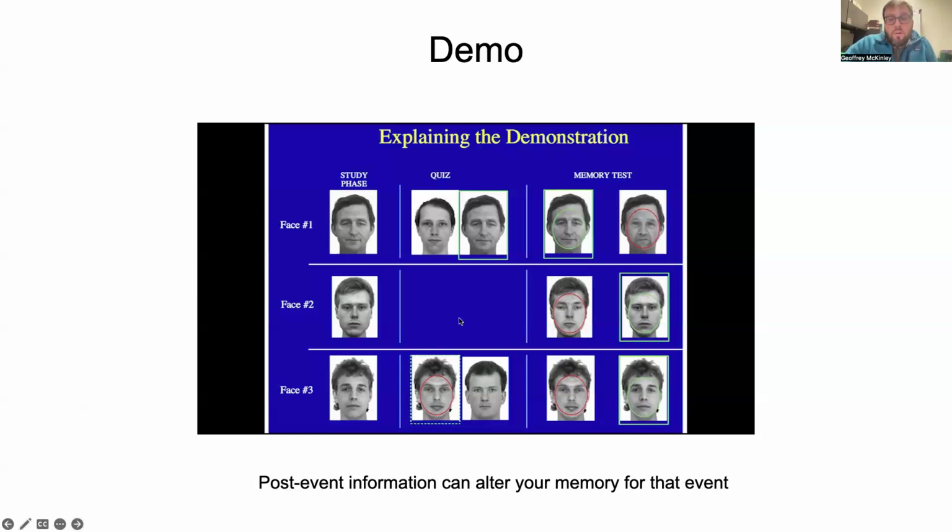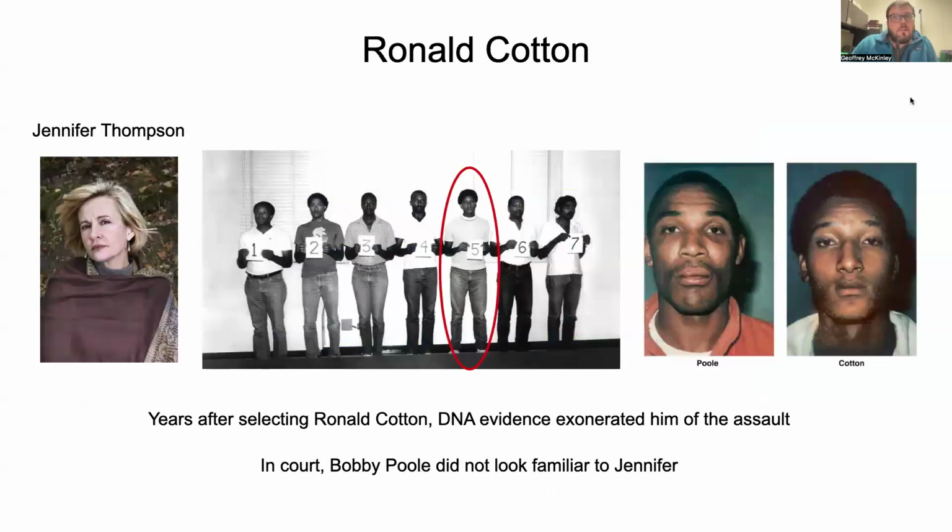And so there's actually a real world analog to this, which I wanted to point out. If anybody's ever heard of Ronald Cotton, who was exonerated. He was falsely convicted for sexual assault of Jennifer Thompson in, I think, the 80s or maybe late 70s. And then DNA eventually exonerated him of the assault.